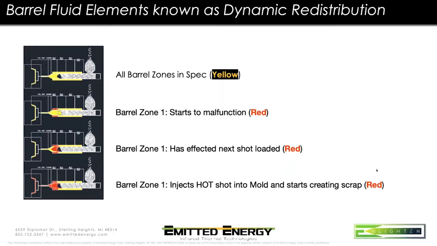Now, how do I know where that zone's coming from? When I come to your plant and we do the scientific setup, I know how many shots are in your barrel. I know, when I do my shot analysis, as it fills every half inch or every quarter inch of your barrel, exactly what that means on the space of your part.